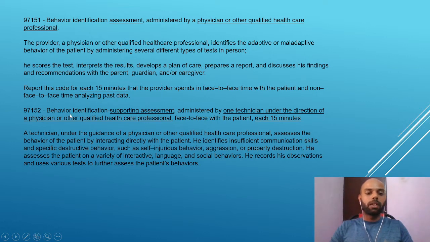In 97152, a technician, I mean the RBT, under the guidance of a physician, that means the BCBA, assesses the behavior of the patient by interacting directly with the patient.